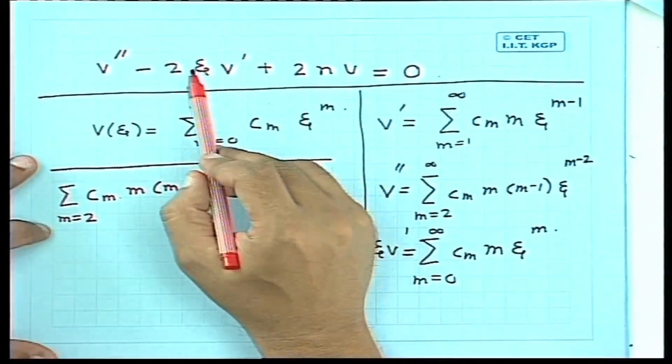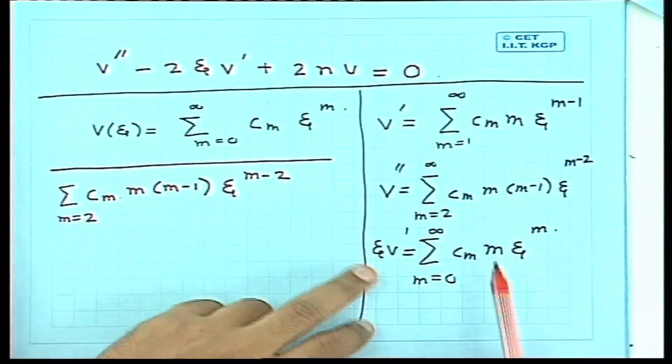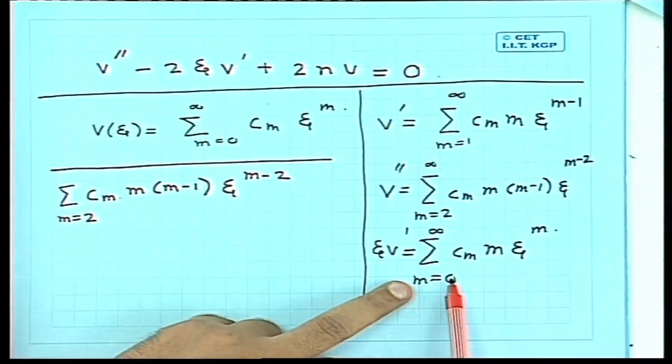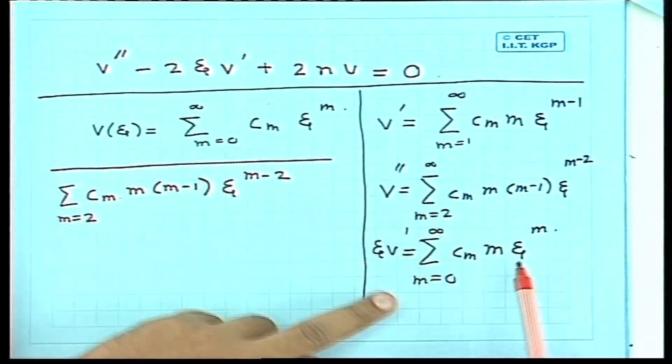Now, if you look at xi into v prime and v, you will see that they all run from m equal to 0 to infinity, and they all have xi to the power of m.